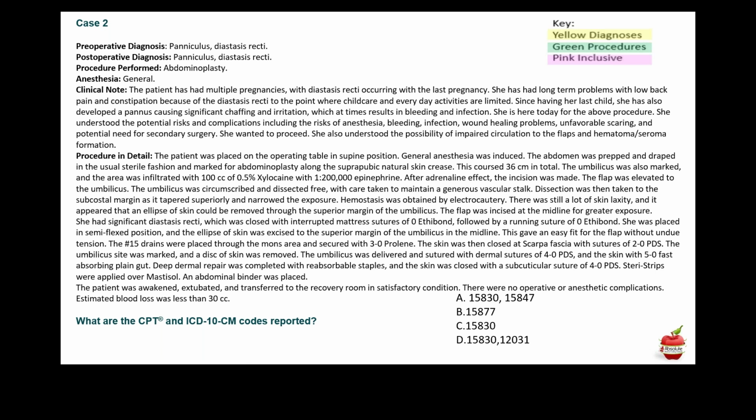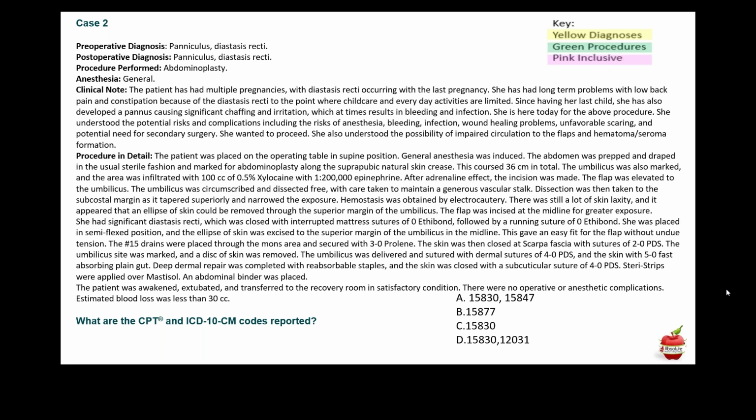The umbilicus was delivered and sutured with dermal sutures of 4-0 PDS and the skin with 5-0 fast absorbing plain gut. Deep dermal repair was completed with resorbable sutures, and the skin was closed with a subcuticular suture of 4-0 PDS. Sterile strips were applied over Mastisol and an abdominal binder was placed.